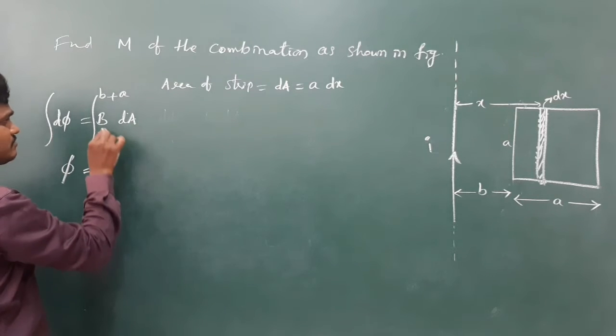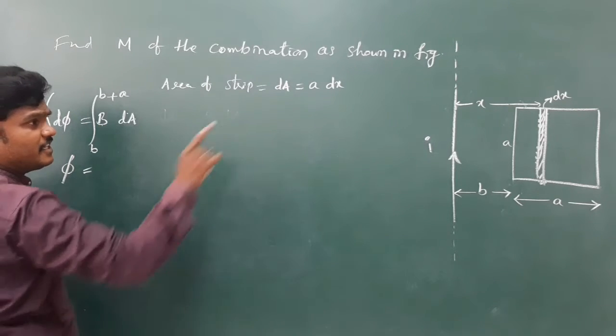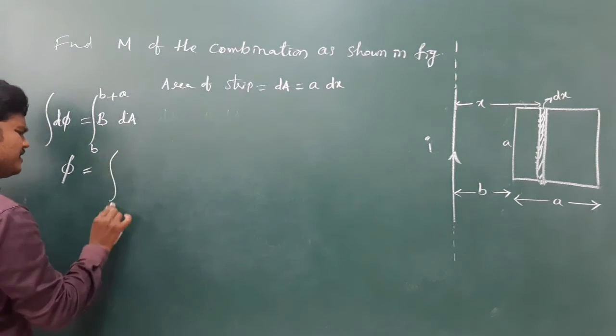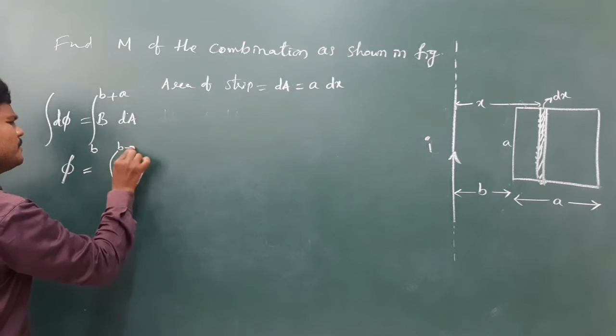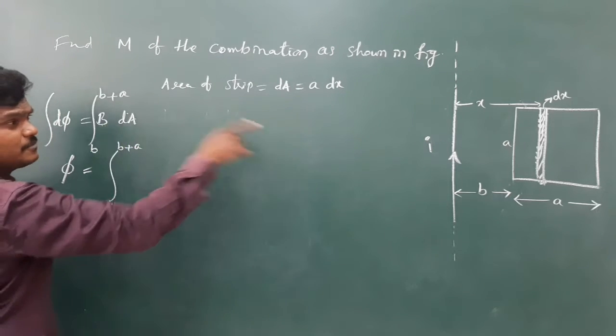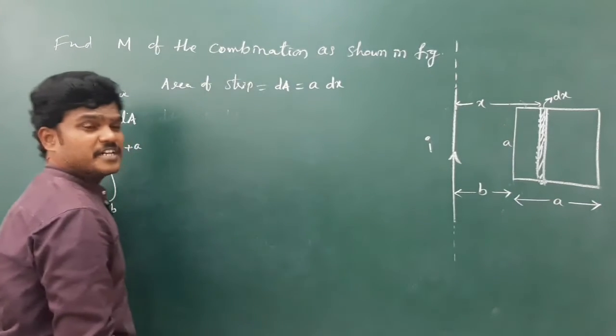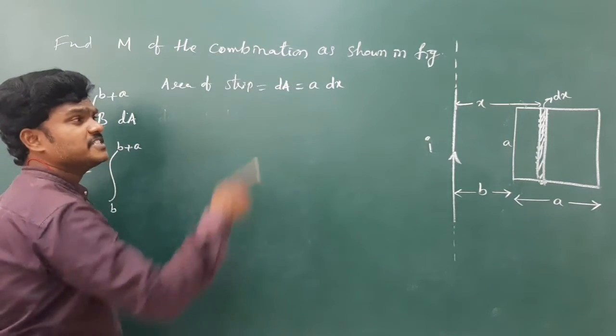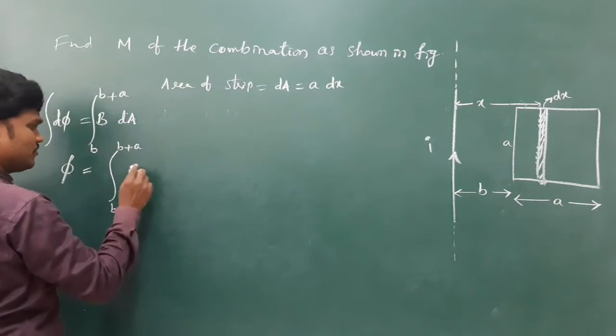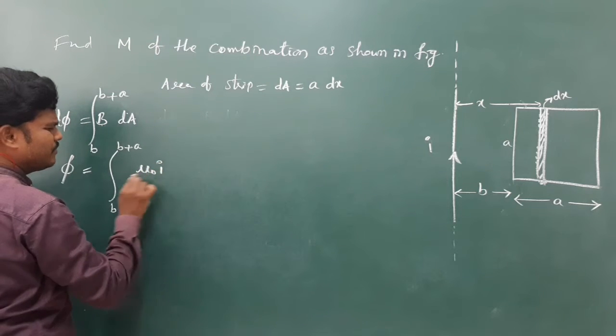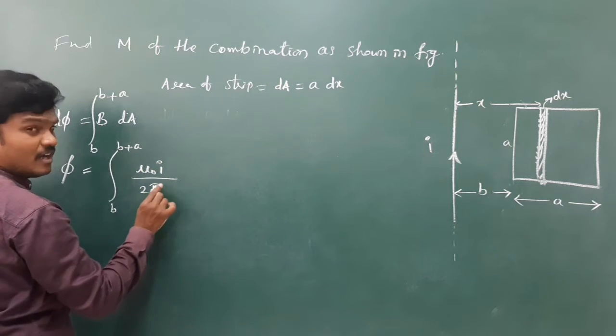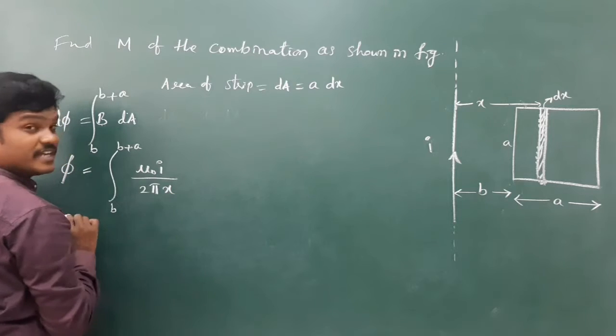Let me write once again: the magnetic field due to the straight wire at a distance x. We know the formula, mu naught I by 2 pi r, where 2 pi r is nothing but 2 pi x.